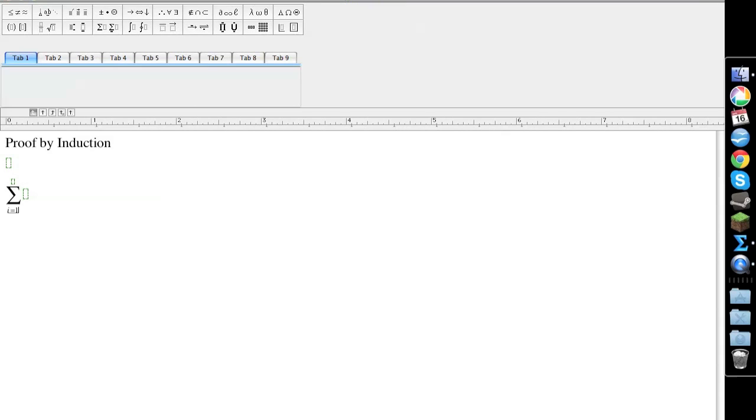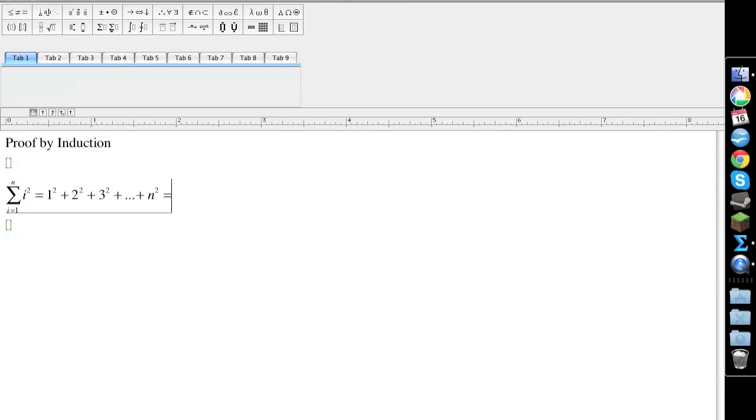The sum from i equals 1 to n of i squared, which can be written like this: 1 squared plus 2 squared plus 3 squared plus and so on up to n squared.